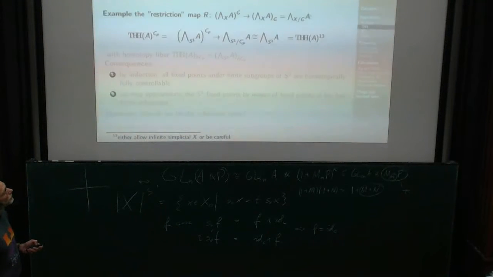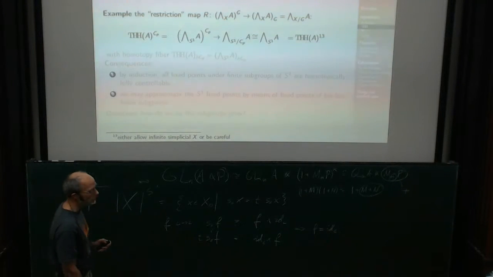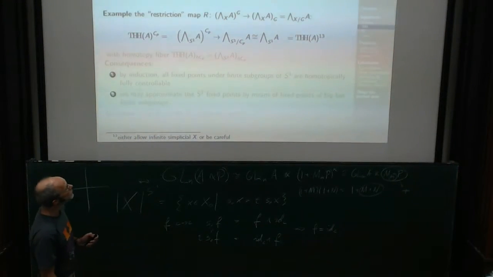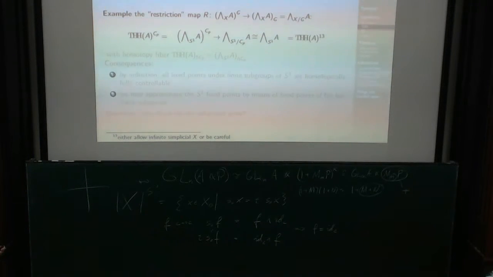Okay. So here's an example. From the fixed points of a finite group to the orbits. And now I've moved away from X being a finite set and I allow it actually to be any simplicial set. That is perfectly fine. Just need to be a wee bit careful and that works. So here I've taken the simplicial set S^1 that is big enough so that C_p acts freely on it.